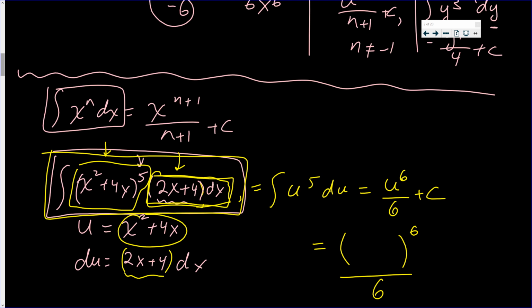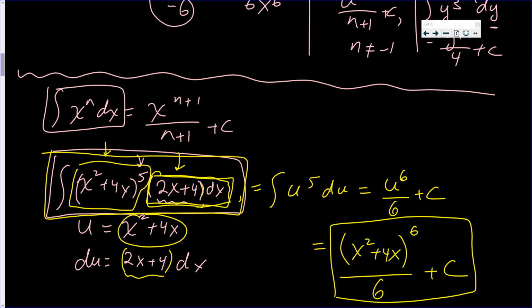Now, right or wrong, if you tell your boss that that's the answer, he or she will say, okay, I hired you, I have to trust you. But if you say u to the 6th over 6, they're going to know that they can't use that answer because they don't know your code. Your code was u equal to x squared plus 4x.